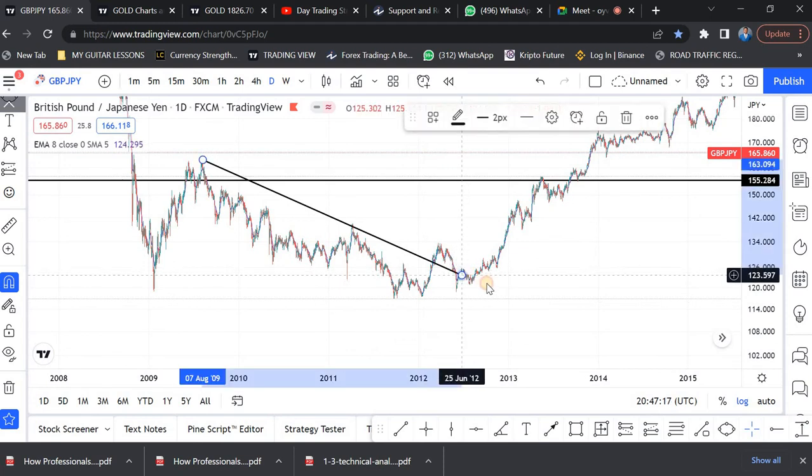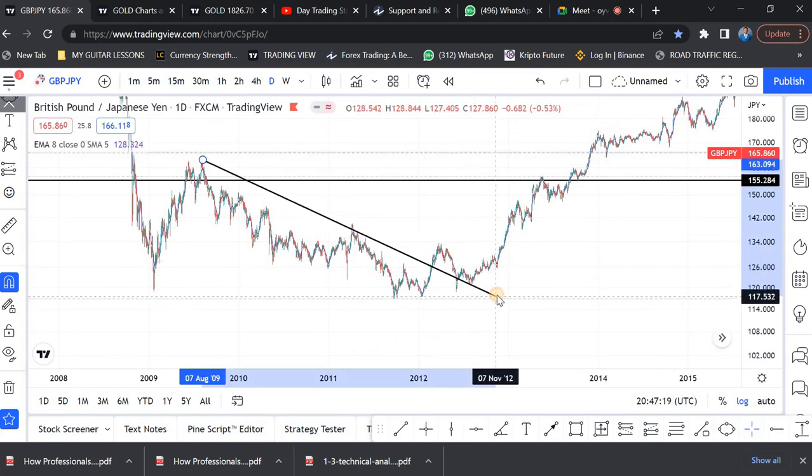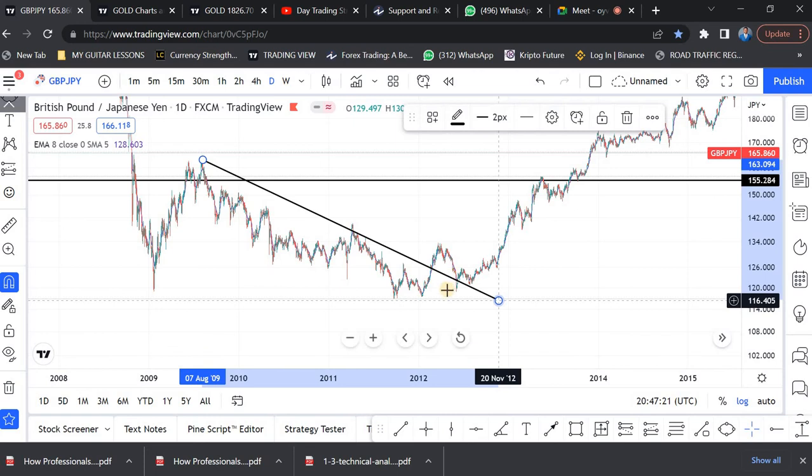Now here you can see that the trend line was broken. The moment the trend line is broken, it means that the market is trying to take a different direction. When price breaks over the trend line, you can see that it went up a little and came to test this trend line, which is now serving as a what?